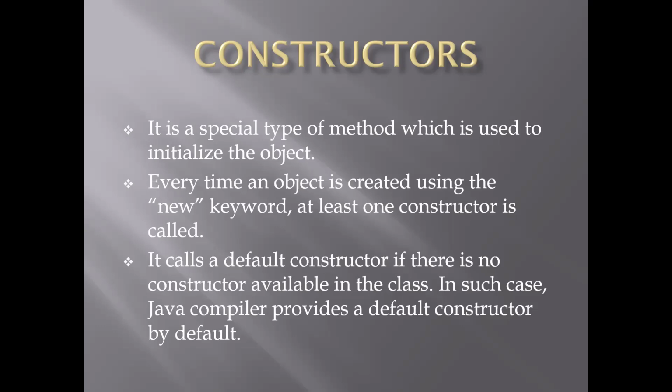What if we don't have a constructor? We didn't implement a constructor in our class. What will happen? It calls a default constructor if there is no constructor available in the class. In such a case, the Java compiler provides a default constructor. It's not visible to us, but it exists. We already know from our last session that there are some stubs that are hidden.